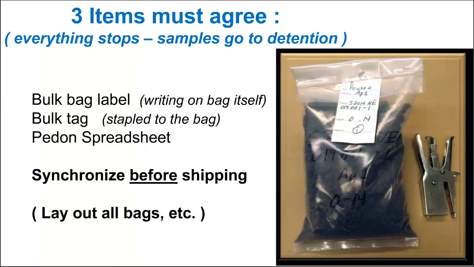We want them all to agree. Because if we don't get all that to agree, then we don't know for sure which one is correct, and then we have to stop and contact the sample submitters out in the field and try to get it all straightened out. So that may just delay your project if we don't have all that information.